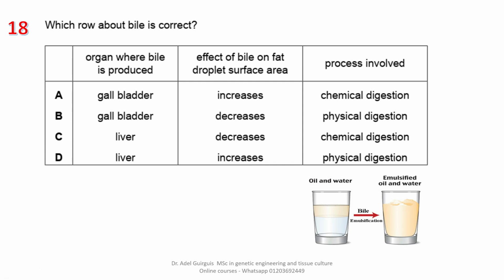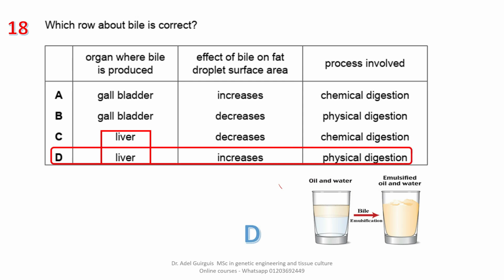The process involved is physical digestion, where only the surface area is increased without change of the fat molecules, without digestion, as lipase is not found in this example. Okay, liver, and the letter D is the answer.